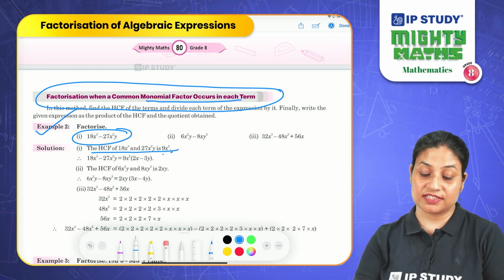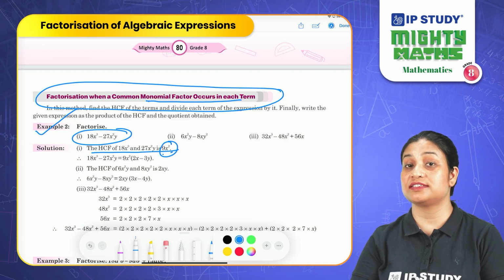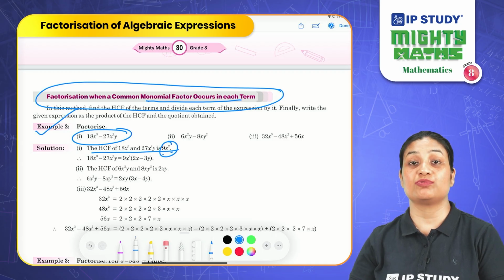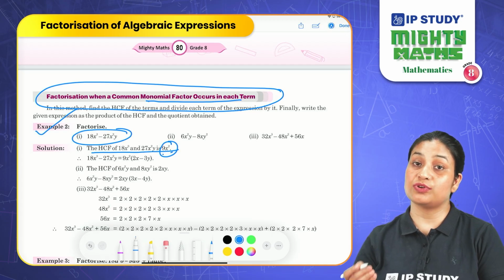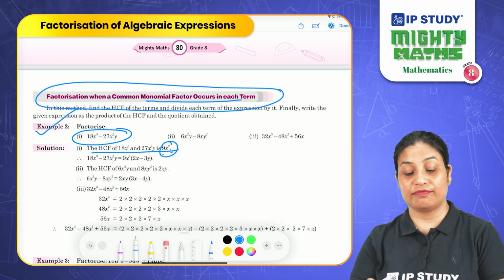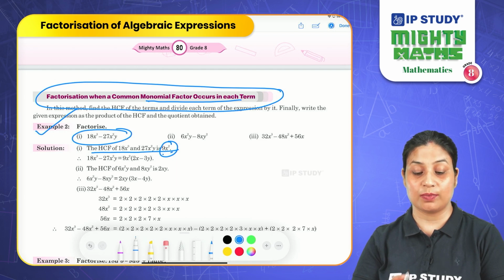So, what is the HCF? HCF is 9x square. How can you find out? We have just discussed in the previous portion. We have just finished it. How to find out the HCF of two given monomials. So, you can use that method in order to find out HCF of 18x cube and 27x square y, right?